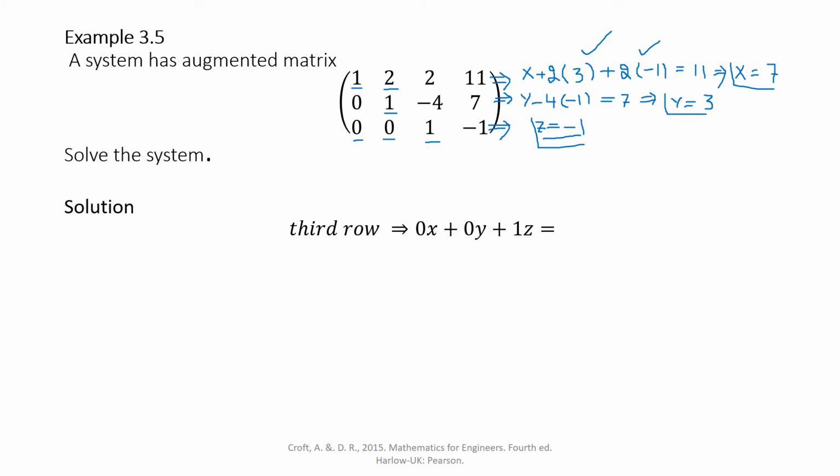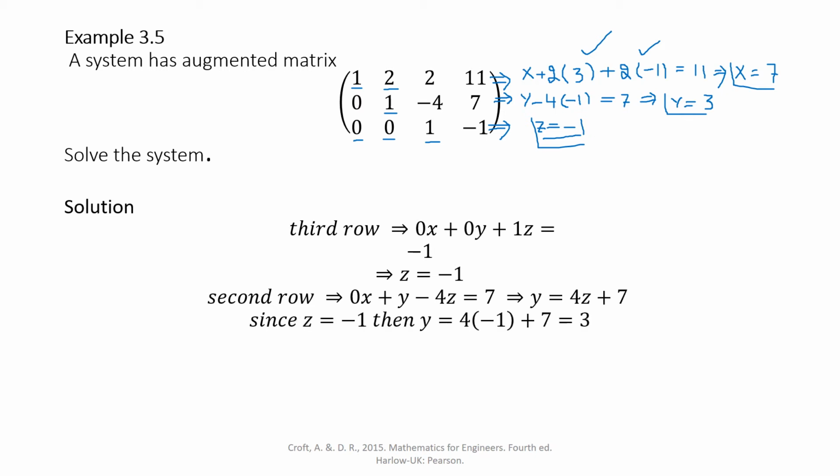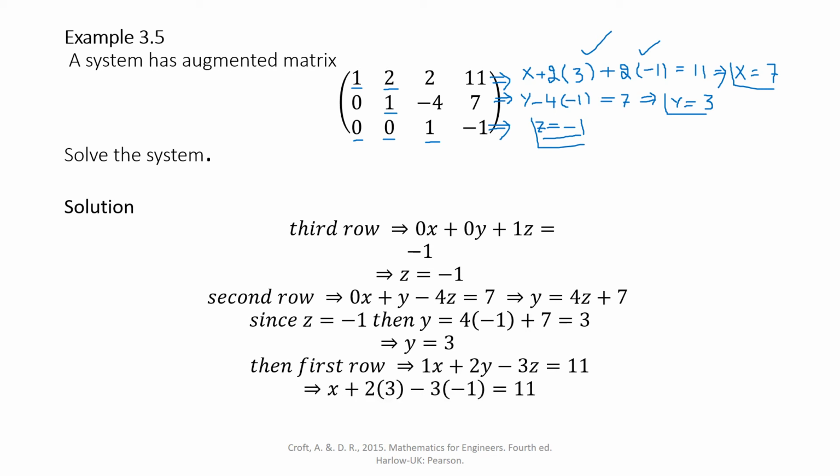Third row is equal to -1, which provides z equals -1. Second row is this. When we plug in z value, it gives y value 3. We did 3, good. Now go for the first row, plug in y and z, and it gives 2.